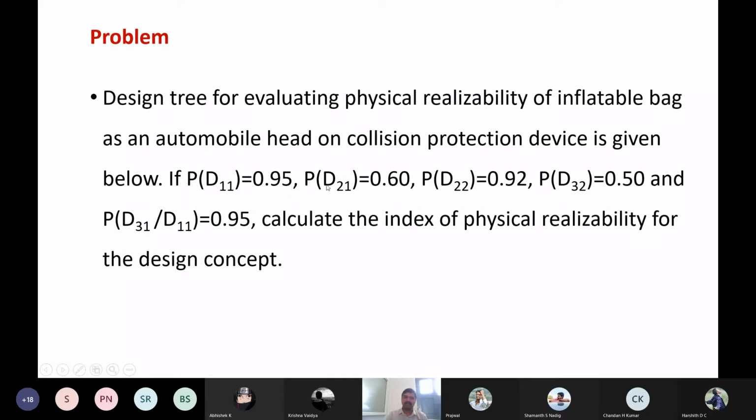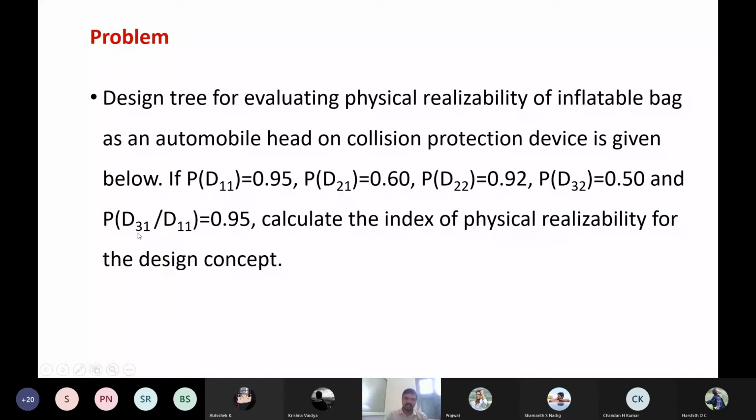Similarly, the physical realizability of solution D21 is 60%, or 0.60. The physical realizability of solution D22 is 0.92. The physical realizability of solution D32 is 0.50, and there is a conditional probability.